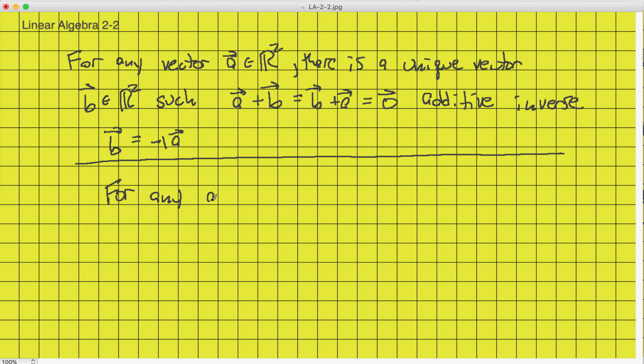For any vector A contained in R squared and any real number r, we have that rA is contained in R squared, and this is called closure of scalar multiplication.